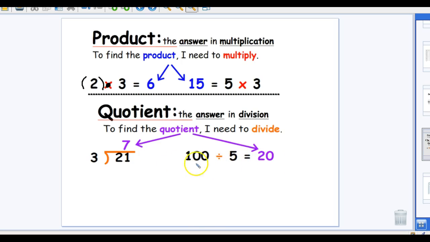A lot of times you'll see it written up like this, but since we are in junior high, middle school now, we are going to use the fraction bar as a division symbol. So this not only says 100 fifths, it also says 100 divided by 5. And then we'd write our answer either as another fraction, as reduced, or as a whole number. And in this case, we'd write the whole number 20.